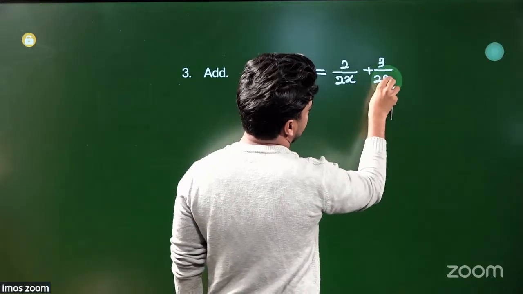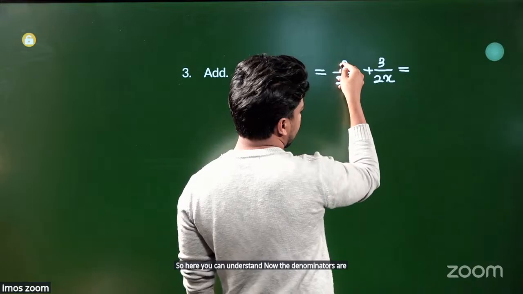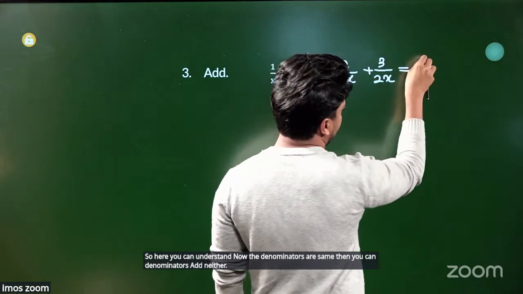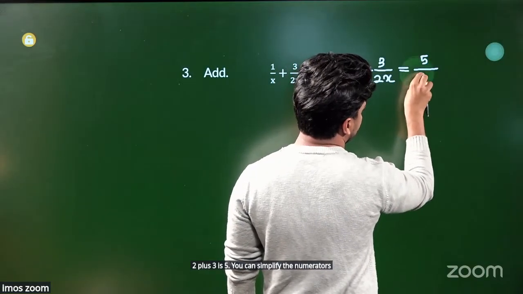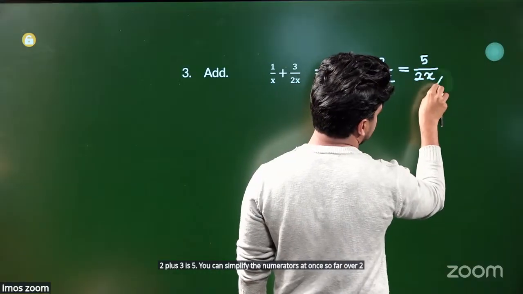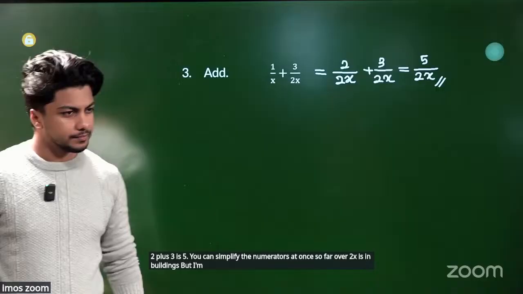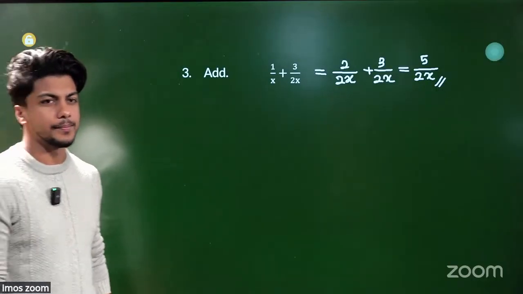So here you can understand. Now the denominators are the same, then you can add 2 plus 3, it is 5. You can simplify the numerators at once. So 5 over 2x, very simple things. But I'm explaining the concepts. You can understand, right?